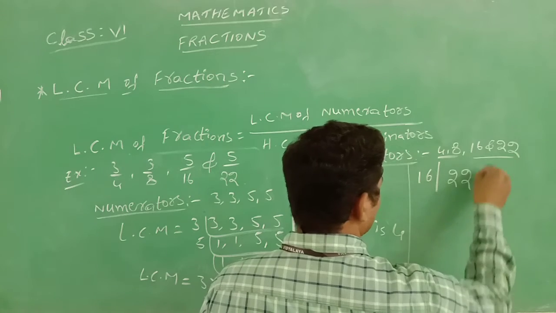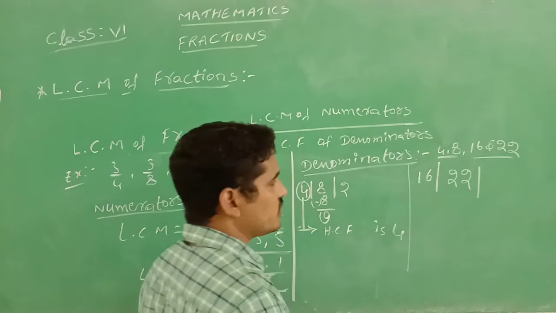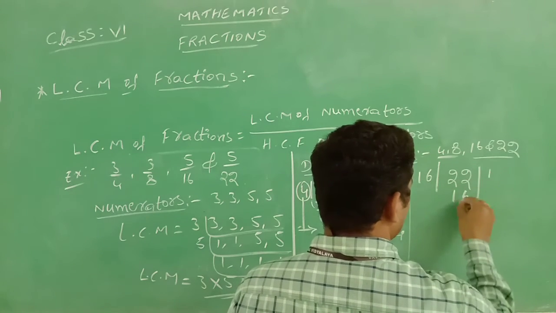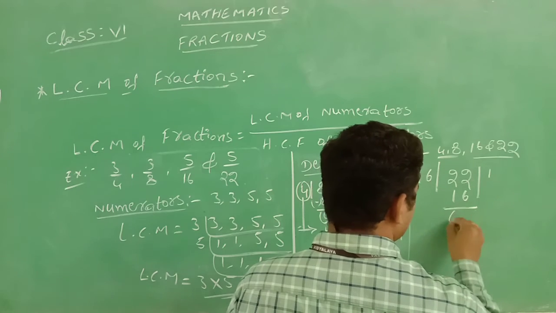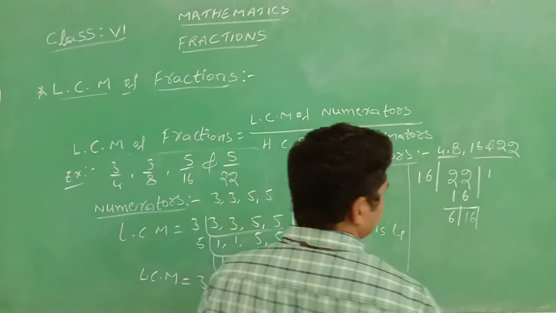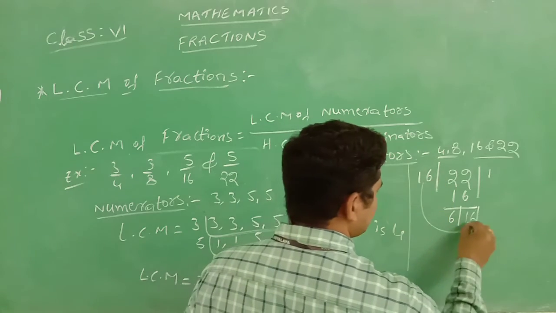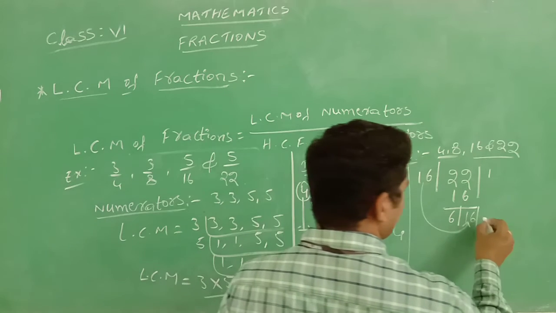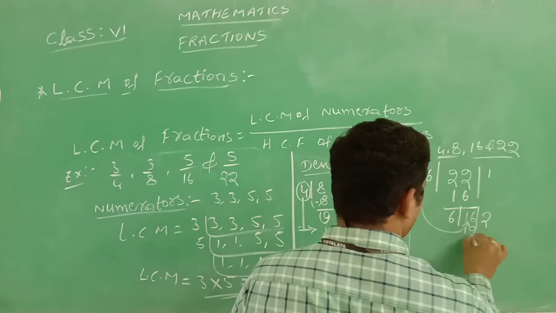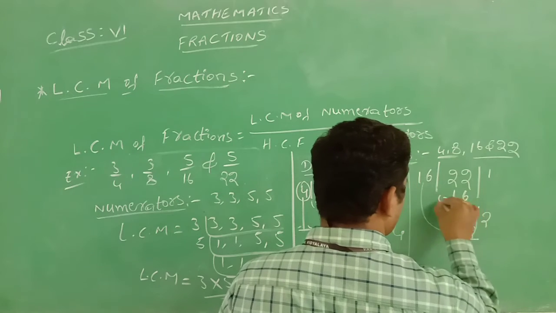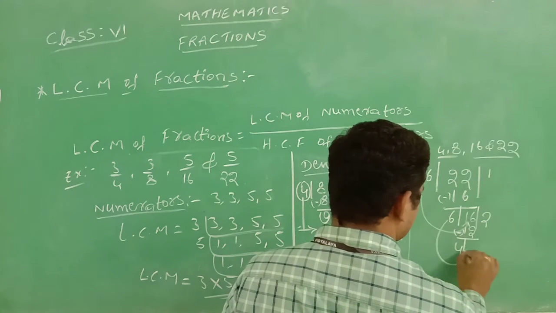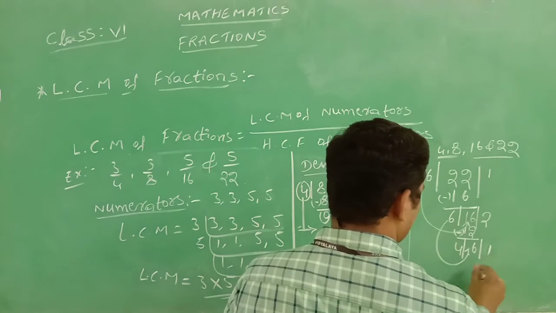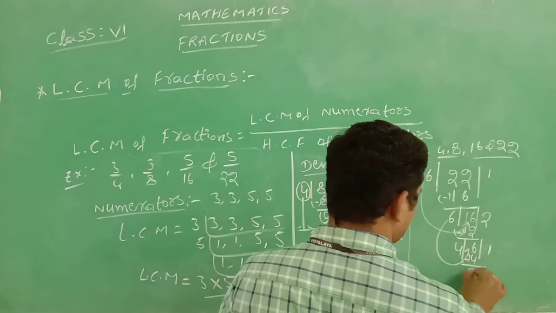In the second pair, 16 is the smaller number, so we divide 22 by the divisor 16. 16 1s are 16, and the remainder is 6. Now this 16 becomes the dividend and 6 the divisor. 6 2s are 12, the remainder is 4. After that, 6 becomes the dividend and 4 the divisor. 4 1s are 4, the remainder is 2.